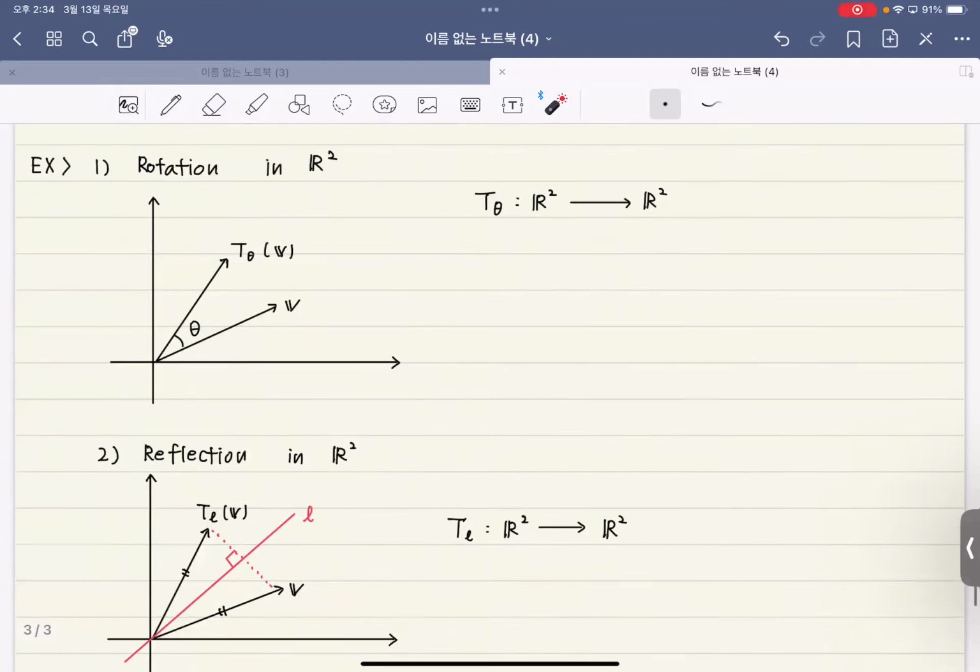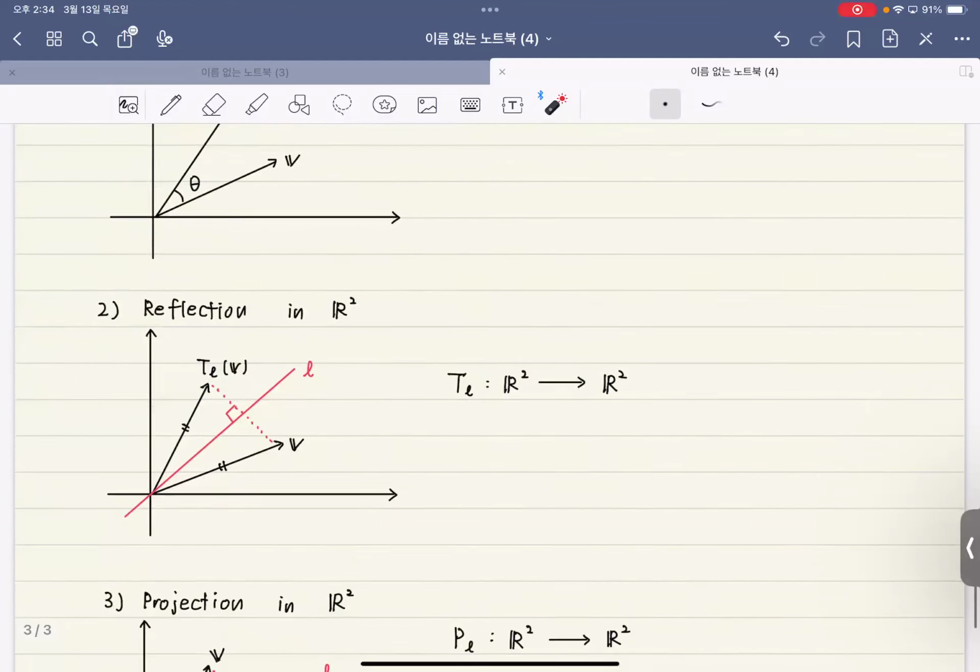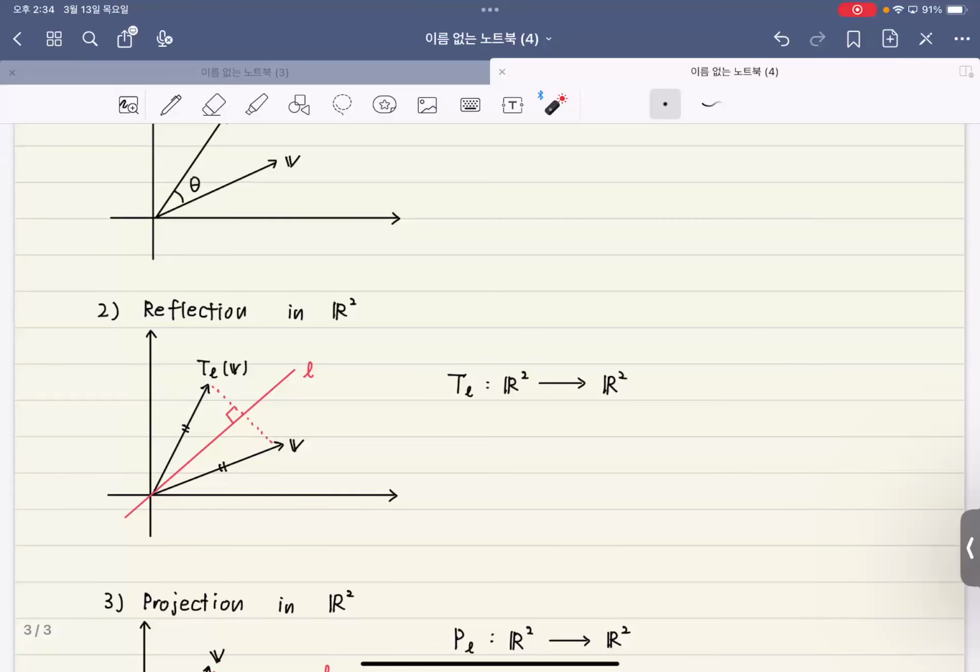Okay, and what now? What about the reflection? Now I want to define a function from R2 to R2, but this time it is T_L. What is L? L is nothing but a random one-dimensional subspace in R2.